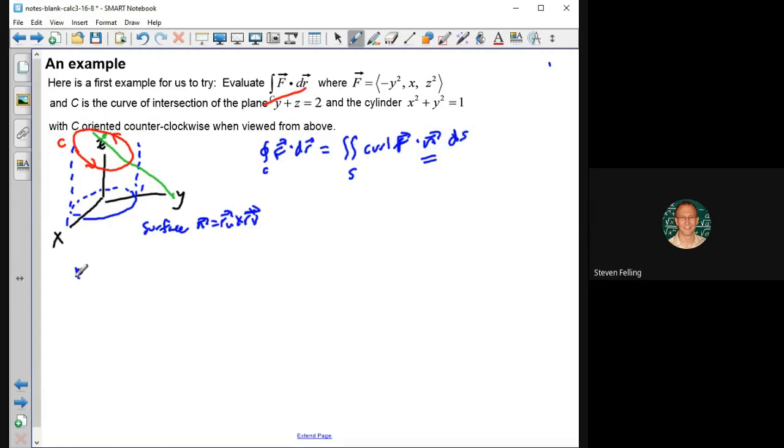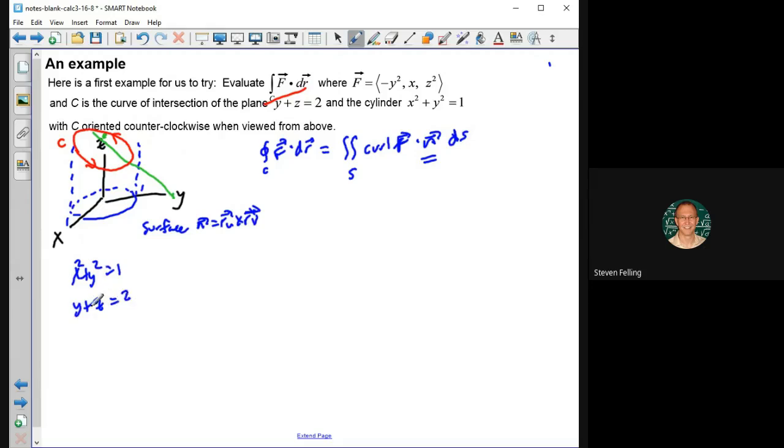We have x squared plus y squared equals 1, but we also have y plus z equals 2, right? Can I just parameterize the surface itself?